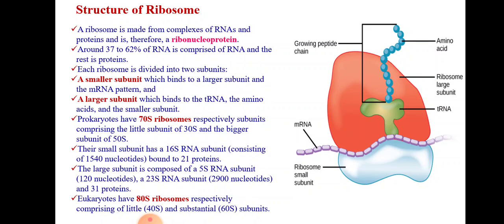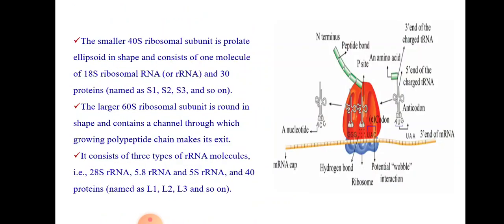The eukaryotes have 80S ribosomes. They comprise a smaller 40S and a larger 60S subunit. The smaller 40S ribosomal subunit is prolate, ellipsoid in shape, and consists of one molecule of 18S ribosomal RNA and about 30 proteins. The larger 60S ribosomal subunit is round in shape and contains a channel through which the growing polypeptide chain makes its exit.